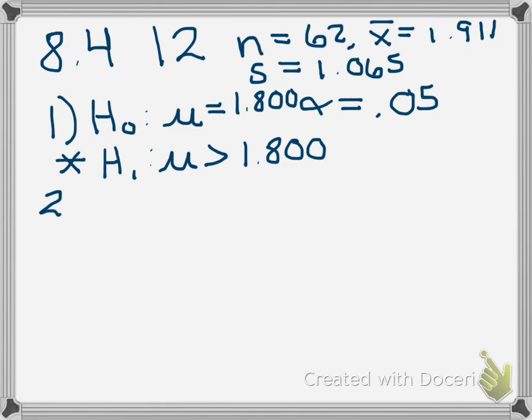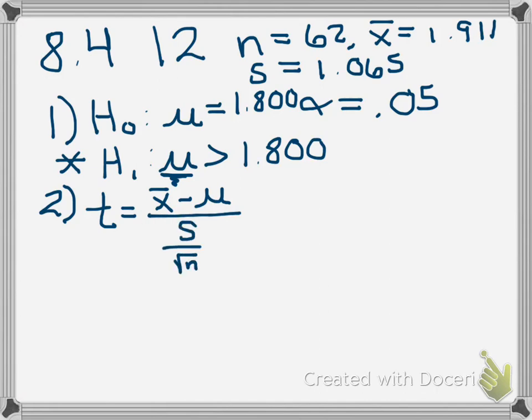Okay, step 2. Since we're testing population mean and we do not know sigma, all we know in this problem is about the sample data. So since we don't know what sigma is here, we need to use the t-test. So in step 2, I'm going to write down t equals x bar minus mu divided by s divided by square root of n.